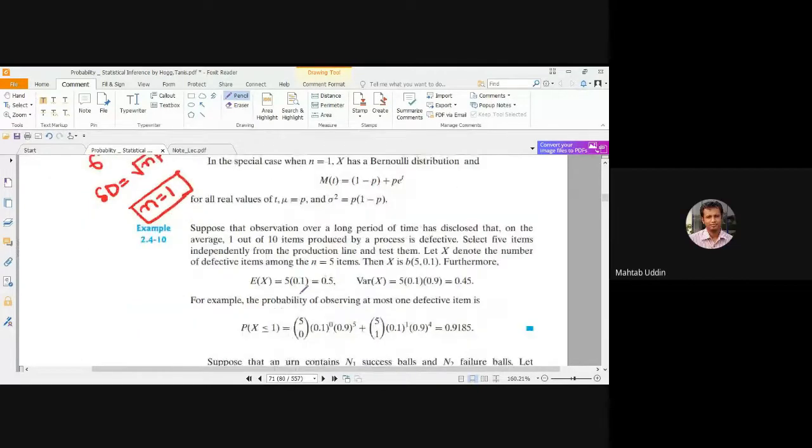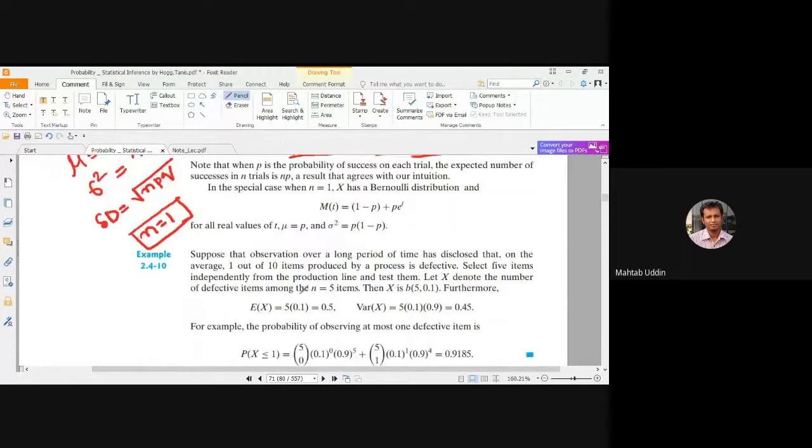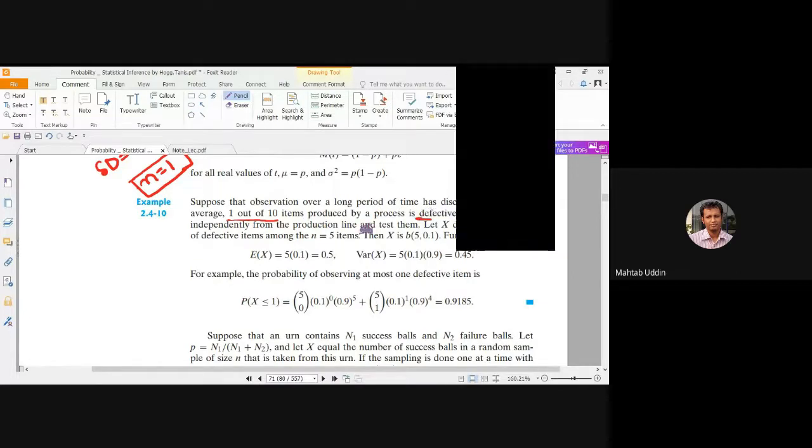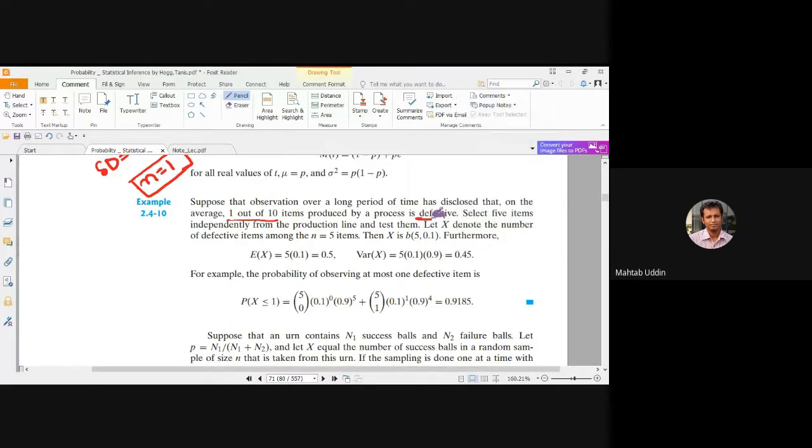Let us see some example. Suppose that observation over a long period of time has disclosed that on average 1 out of 10 items produced by a process is defective. Please don't think only 10 items are given. They are assuming a probability of 1 out of 10 items produced, that is, one defective in every 10. It doesn't mean you will make only 10 items.